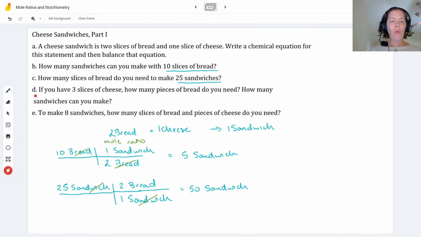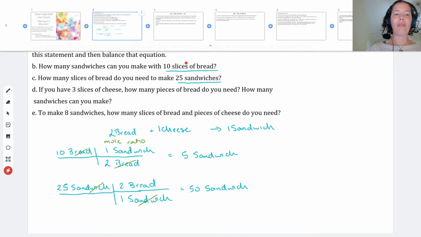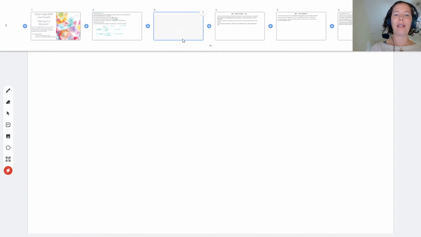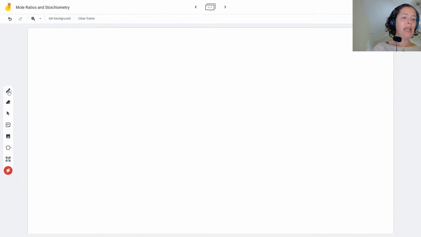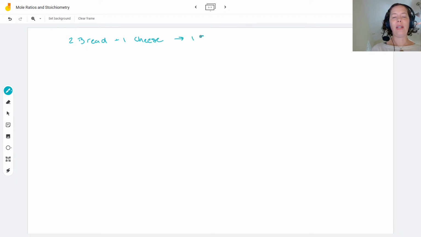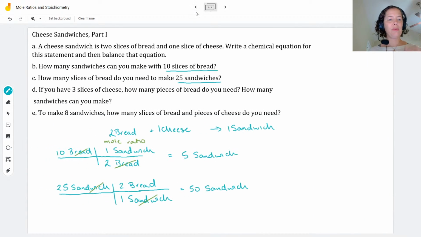Okay, so I am going to actually give myself another page here because I need more space. And let's rewrite our balanced chemical equation up at the top. 2 bread plus 1 cheese yields 1 sandwich. Okay, so going back, let's reread this again.